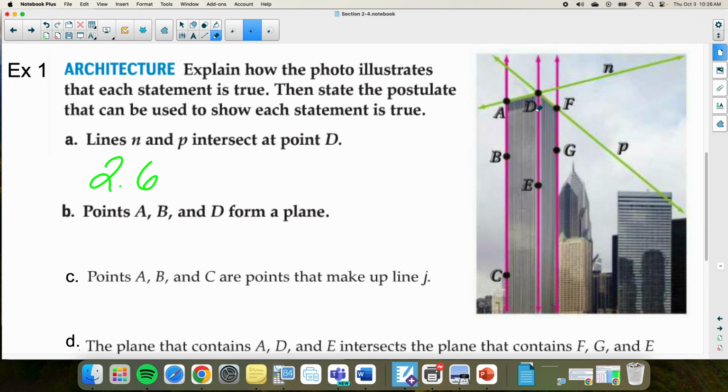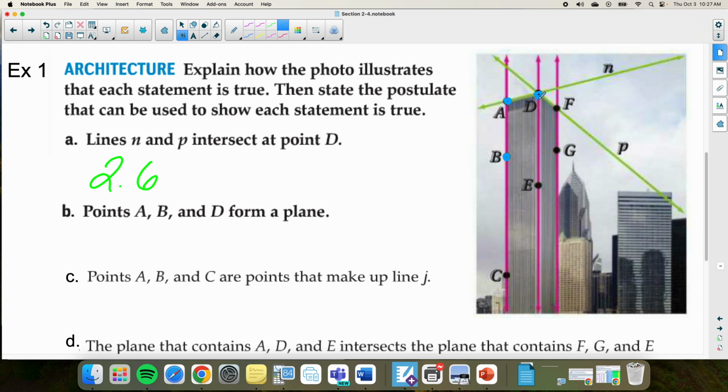All right, the next one says points A, B, and D form a plane. So here's A, here's B, here's D. They're all in this front rectangular plane. And you can notice that those 3 points do not lie on the same line.